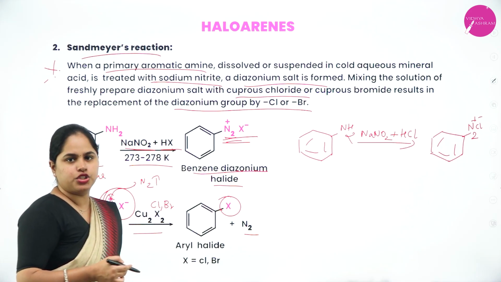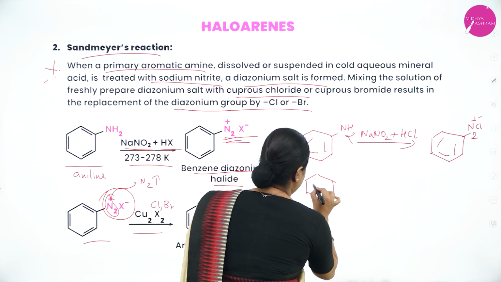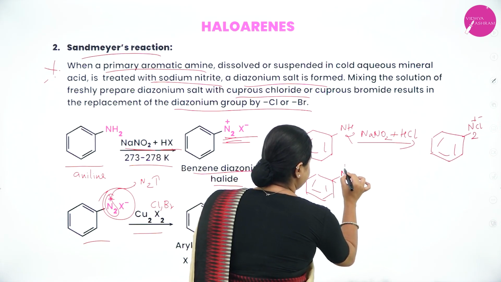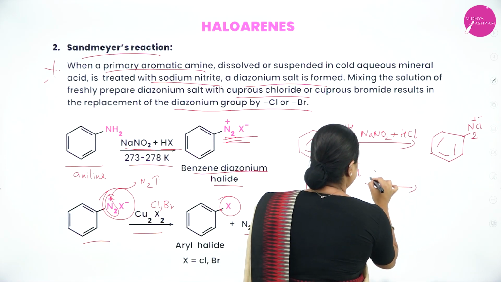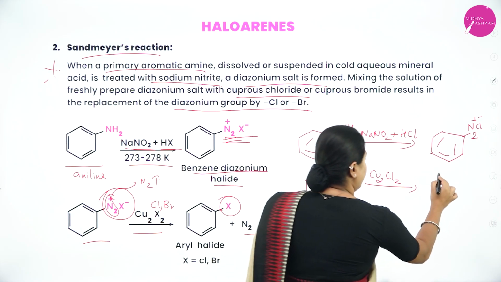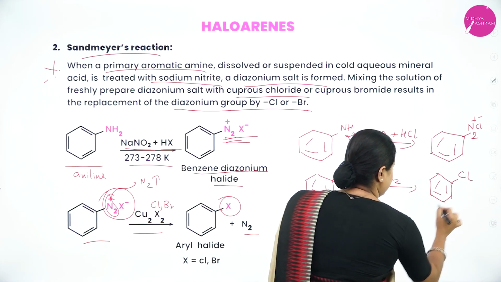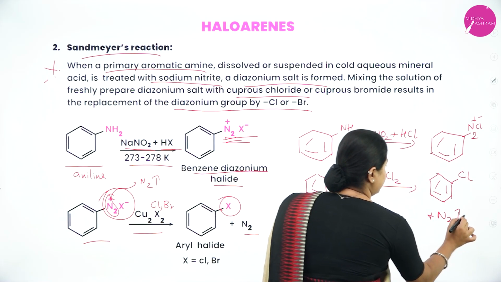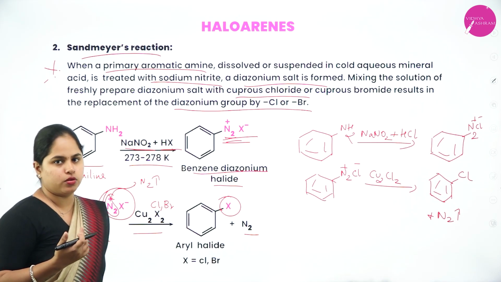Taking the same example, this is the benzene diazonium halide, and to that in presence of Cu2Cl2, let's take cuprous chloride, what happens? Nitrogen gas will be liberated and you will get chlorobenzene. So this is how haloarene is formed according to Sandmeyer's reaction.